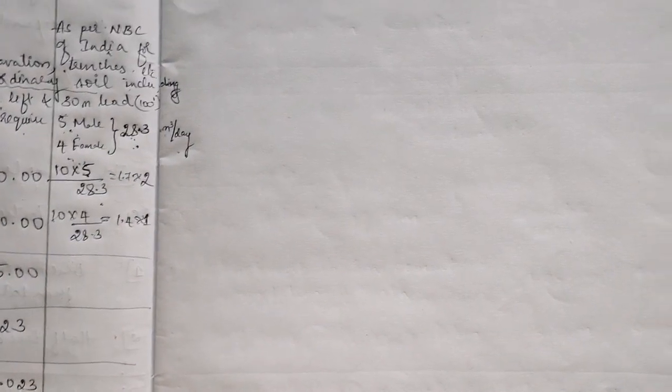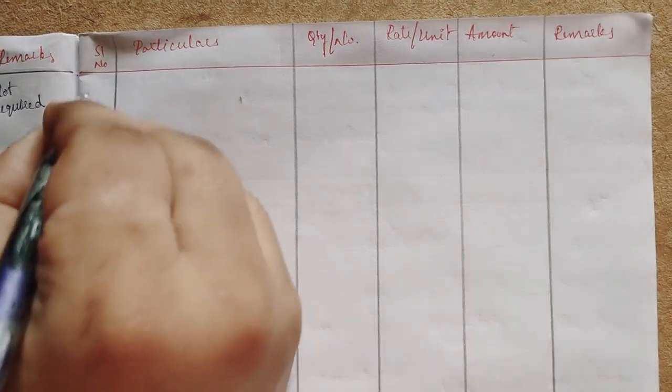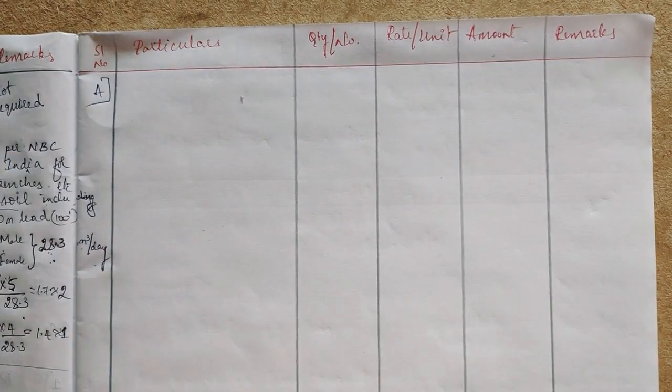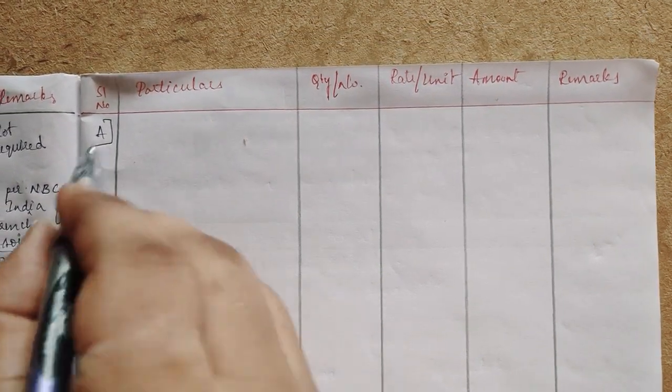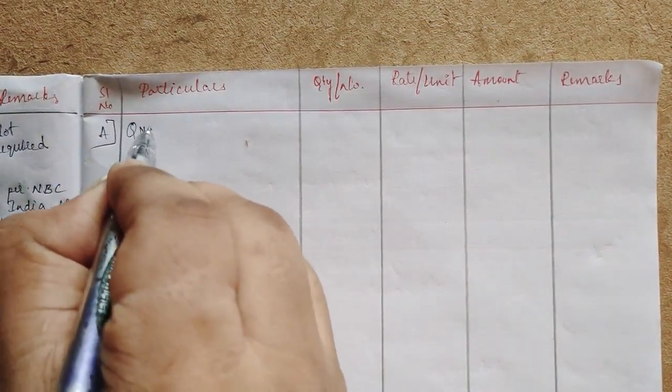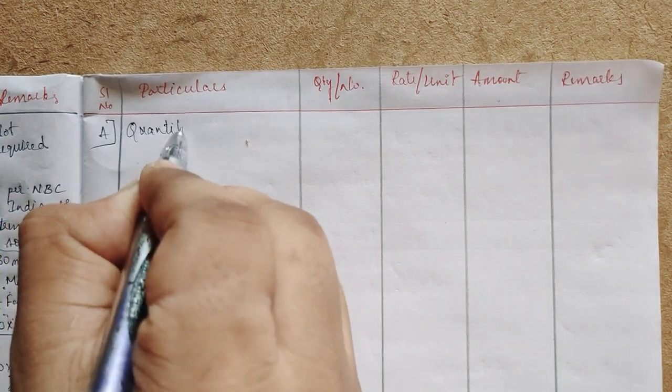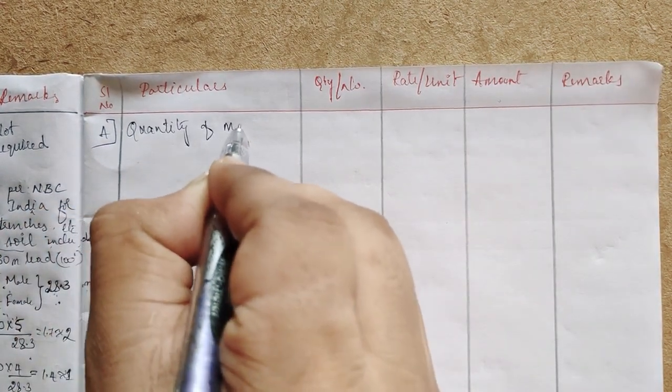So let me draw the tabular column. So as previous, A will be the quantity of materials and its cost.